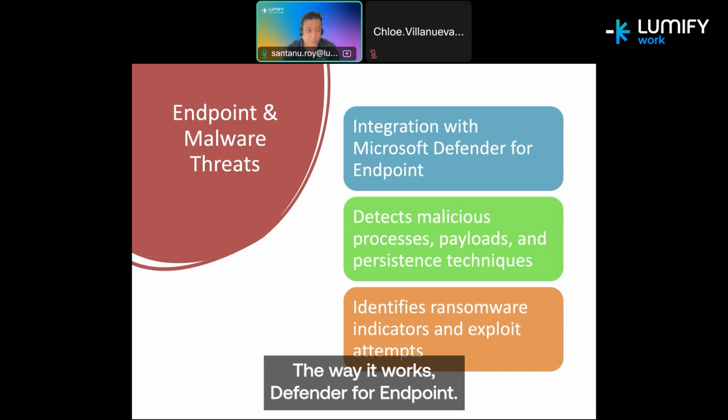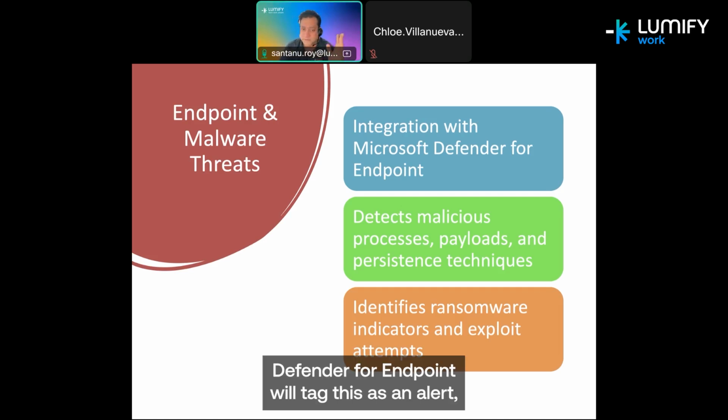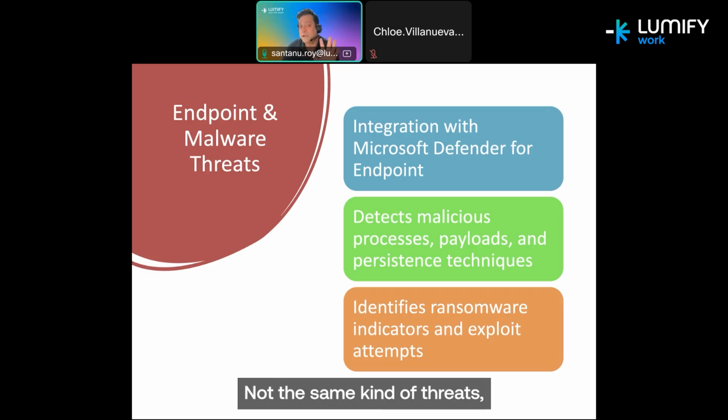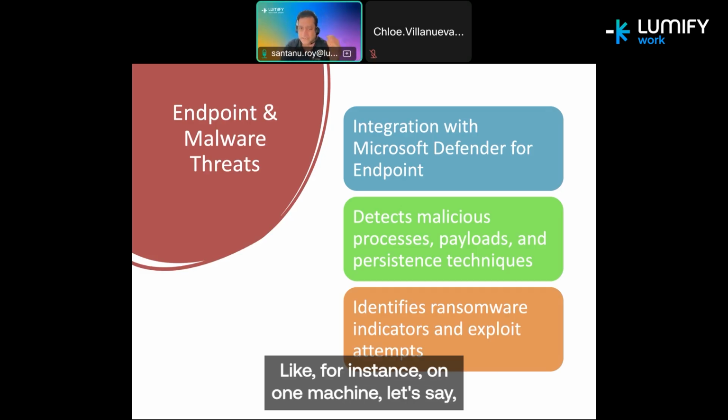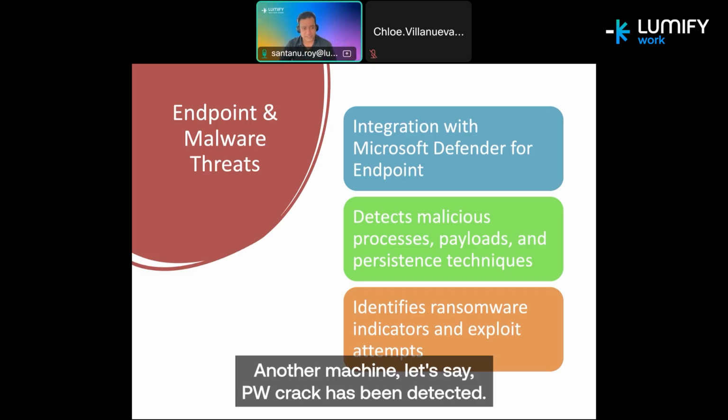The way it works, Defender for Endpoint: let's say a credential theft tool has been detected on a device. That's fine. Defender for Endpoint will tag this as an alert, but it will not stop. It will check all the other onboarded devices and look for similar kinds of threats, not the same threats, similar related threats. Like for instance, on one machine, let's say Mimikatz has been detected, another machine, let's say PW crack has been detected.